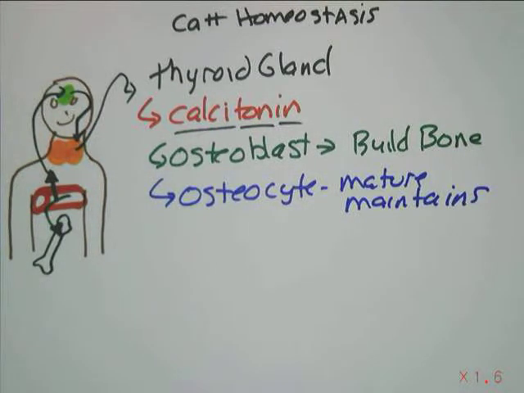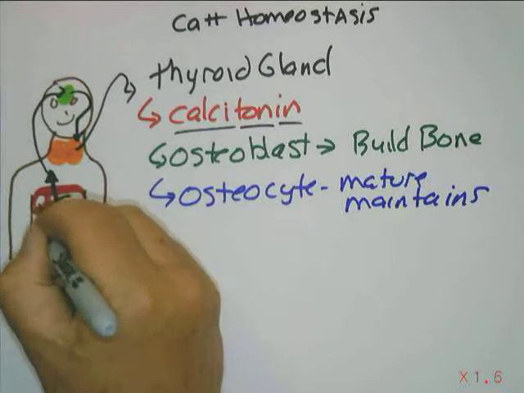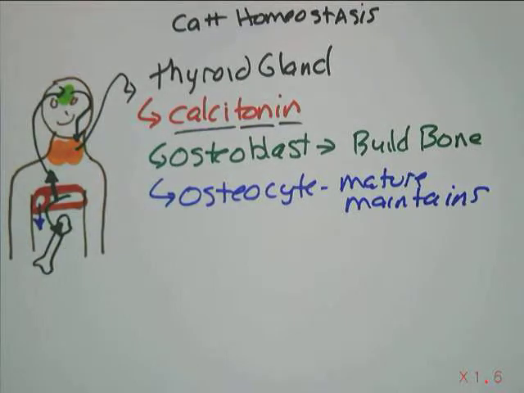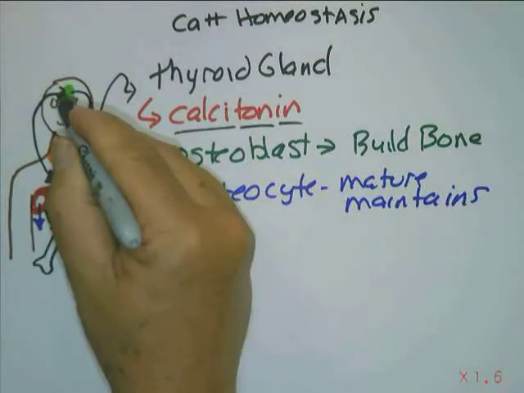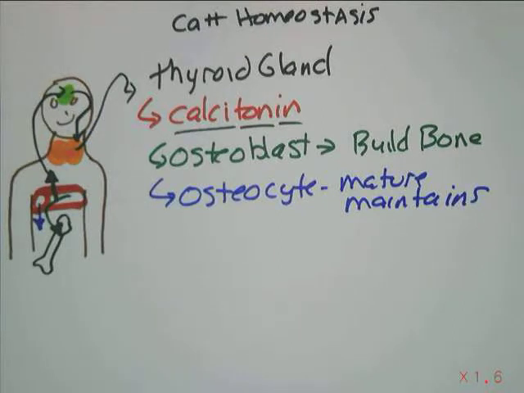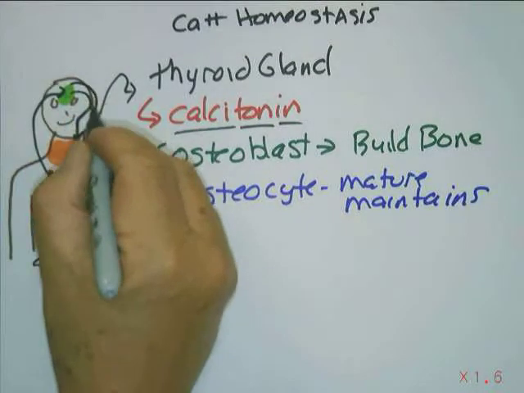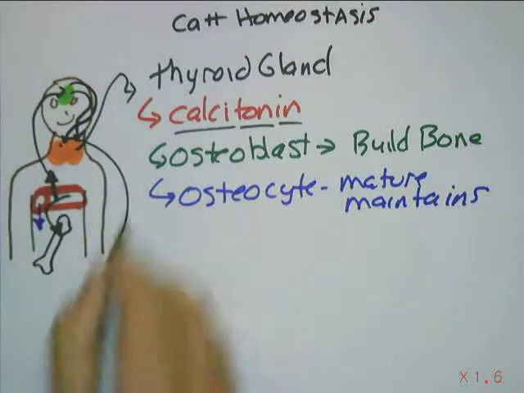On the other hand, if there's too little calcium in the blood supply, again, the hypothalamus is notified there's too little calcium. It'll then stimulate the parathyroid glands.